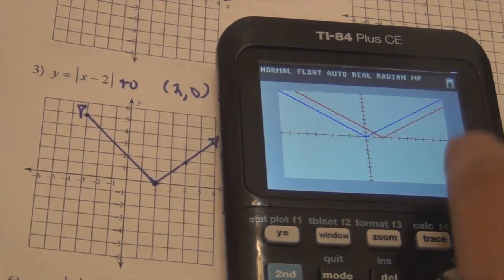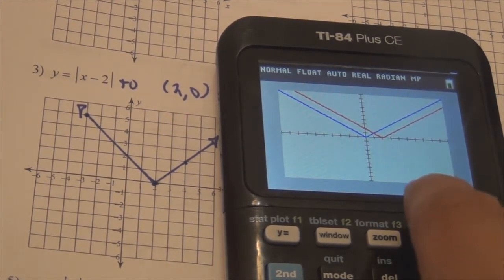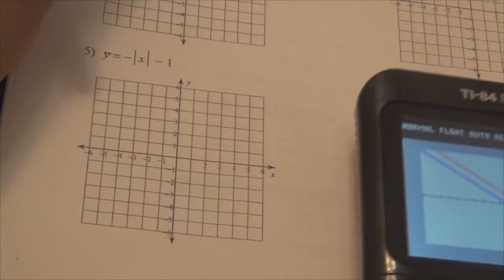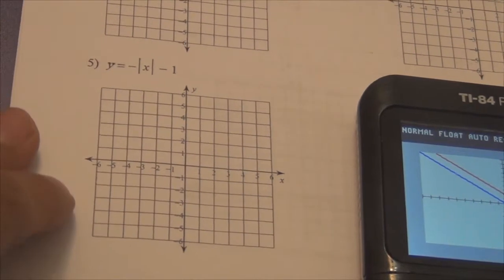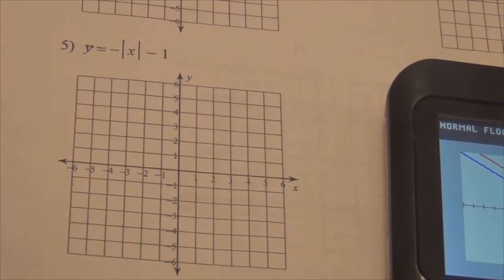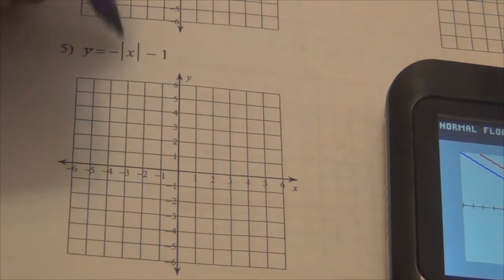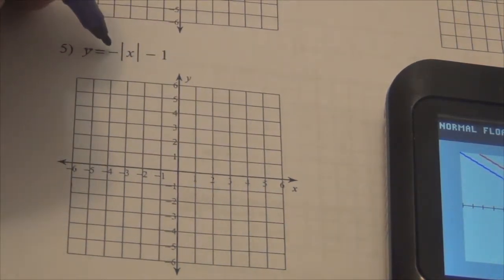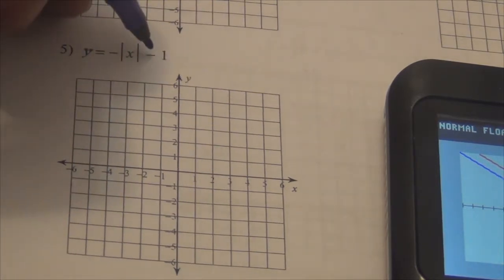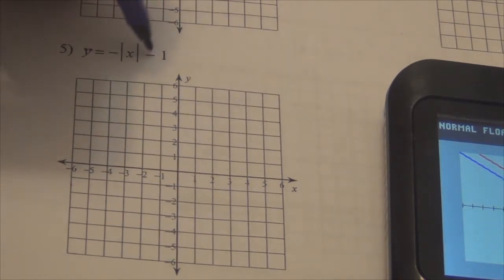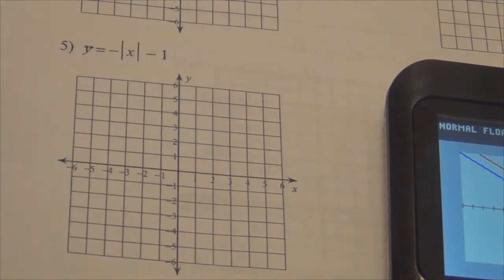All right, now let's do one where we have a shift up and down. Here, let's analyze this graph. First of all, we have a negative outside the absolute value. Therefore, whatever comes out is going to be positive, but then it's going to turn into a negative. And here, we don't have a shift to the left nor to the right, but we have a shift going down.